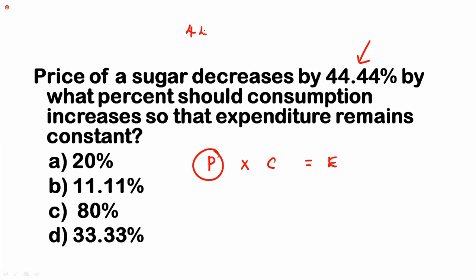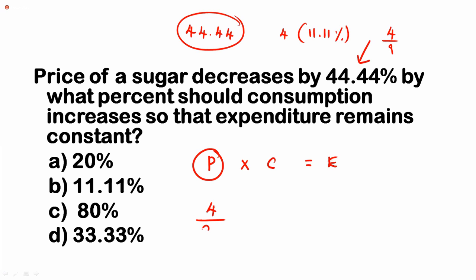What is 44.44%, my dear students? 44.44%, we can write it as 4 times 11.11%. 11.11%, we can write it as 1 by 9. So price decreases by 4 by 9 here. What should be the increase in consumption? Because 4 by 9 is a decrease, there is a base 9, it's decreased by 4.